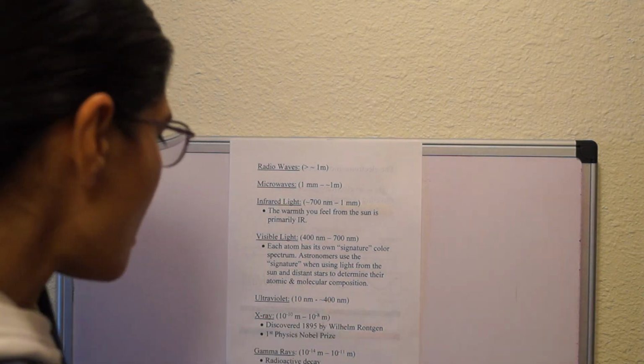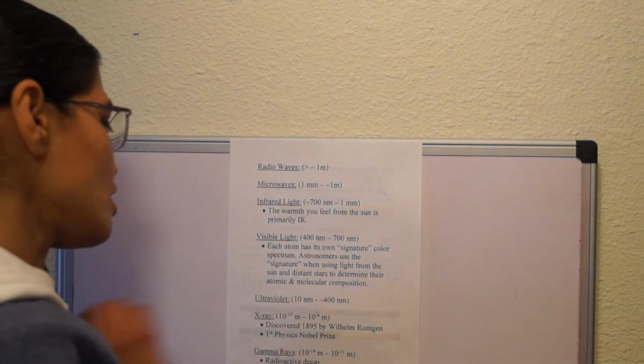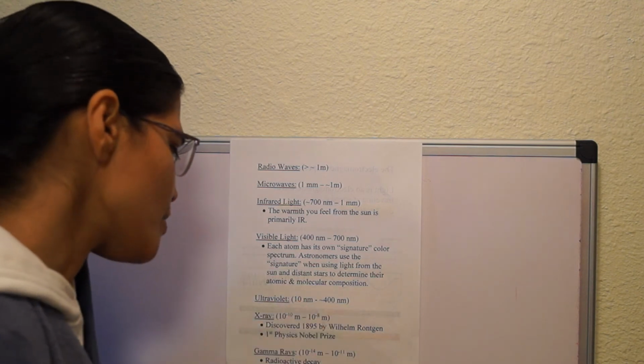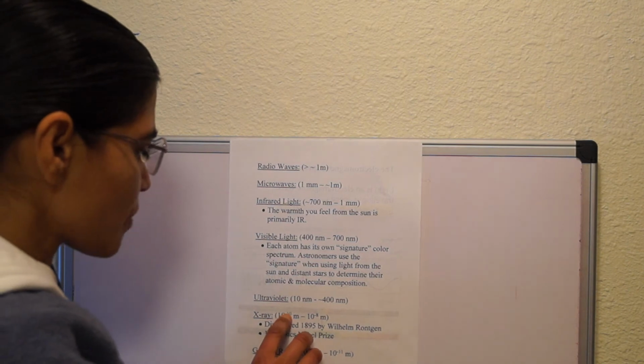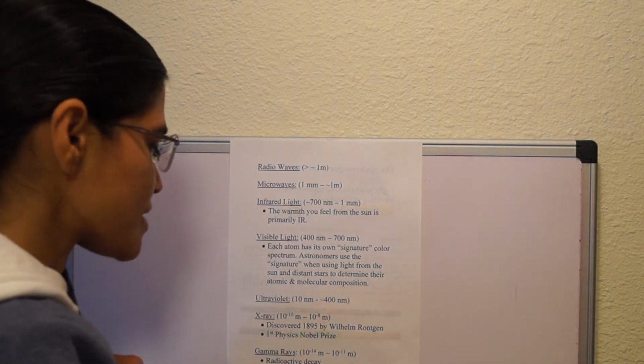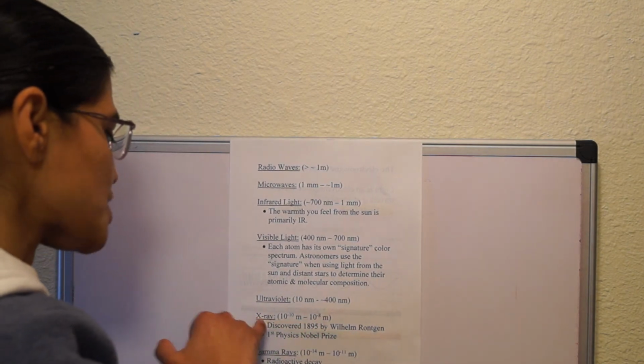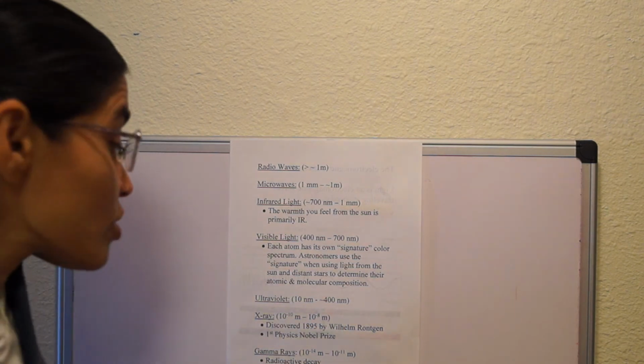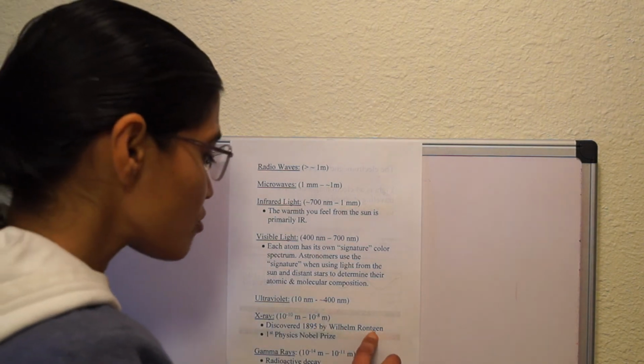Ultraviolet lies between 10 nanometers and 400 nanometers. X-ray is again 10 to the power minus 10 meters to 10 to the power minus 8 meters. X-ray was discovered by Wilhelm Röntgen. I don't even know how to pronounce it.